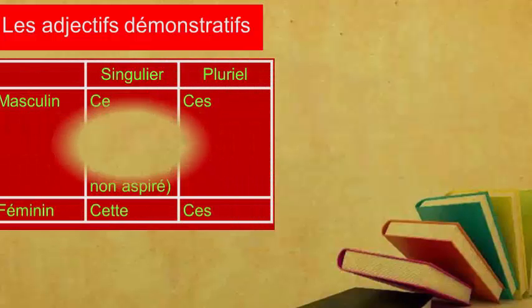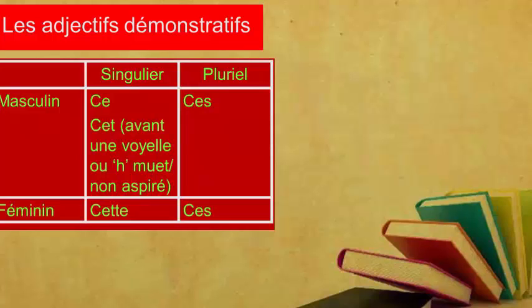Now let's move on to the last kind of article, les adjectifs ou bien les articles démonstratifs. This or these in English. You want to mention something. Ce, cette, ces. Three words, very important. They mean this, and with an s, it means these. Okay?